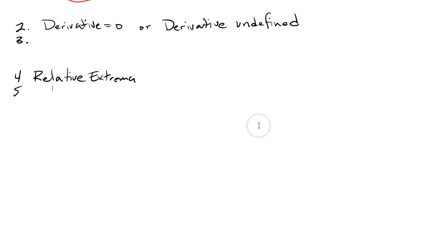Let's see. Okay, relative extrema. If I remember correctly on the test, I have this question written two different ways. I mean, there's two questions, obviously. One of the questions, I believe, I have already written out the table of the first derivative test.